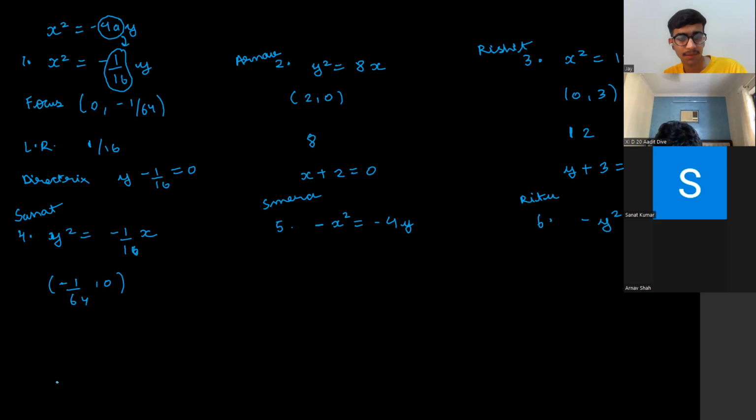Yeah, x minus 1 by 64 equal to 0. Latus rectum is minus 1 by 16. Minus 1 by 16. Great. Latus rectum negative? Oh wait, no, it'll be 1 by 16 because of the distance.